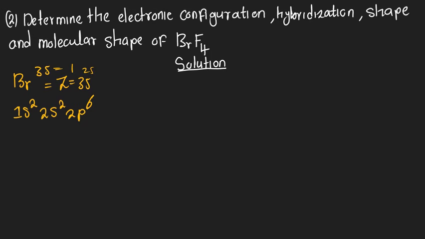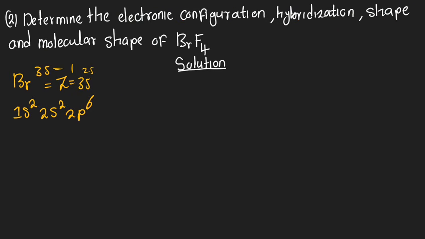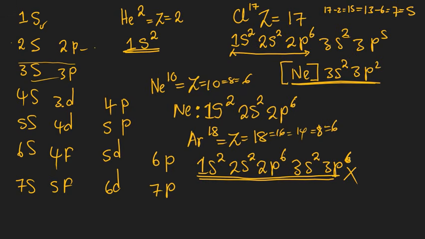We go in the third row. The third row having 3s, 3p. So having 25 remaining, this one can hold 2, remaining 23. This one can hold 6. So we say 23 minus 6, remains 17. We go in the fourth row. In the fourth row, having 4s, 3d, 4p.